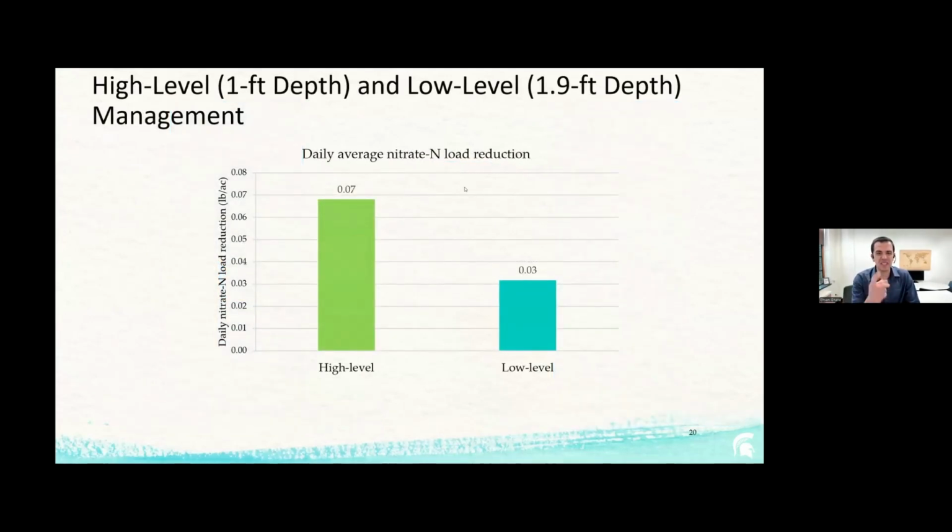And you can see this is the daily average nitrogen load reduction. It's a daily, and it's in pounds per acre. It's not a percentage, it's pounds per. As you can see, this is greater than the low level. There is no surprise. This is what we expected. Even models would show you the same results.